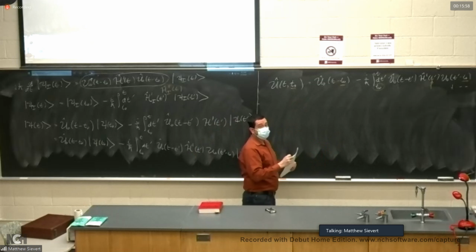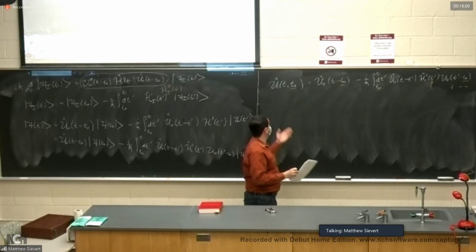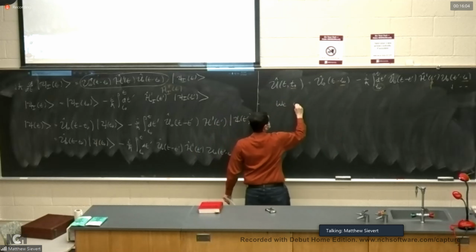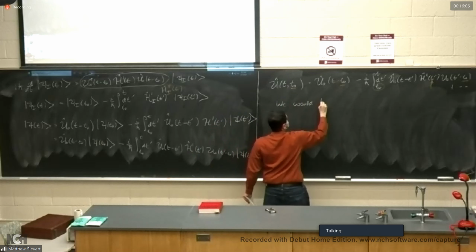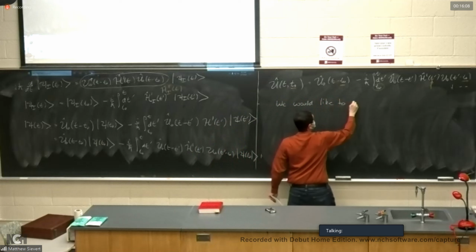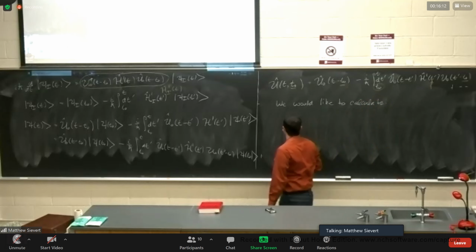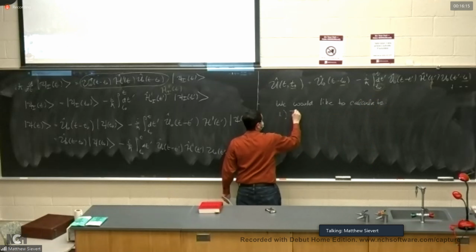All right, so there are a few quantities that we will be discussing today relevant to this time dependence. So things we would like to calculate. So first we want to talk about transition amplitudes.